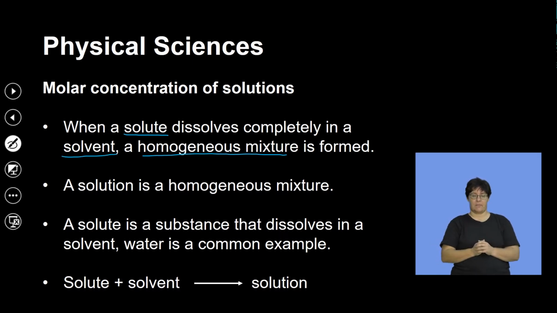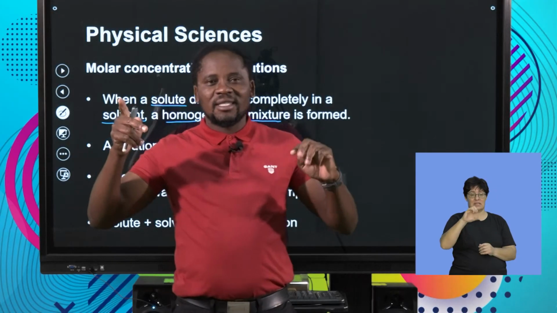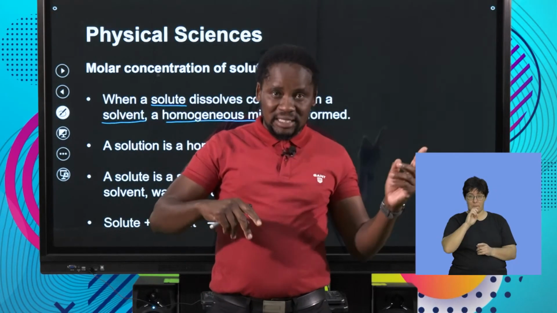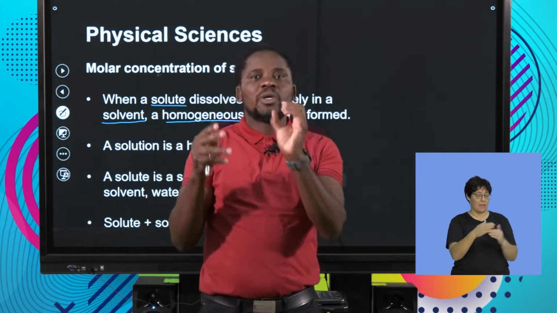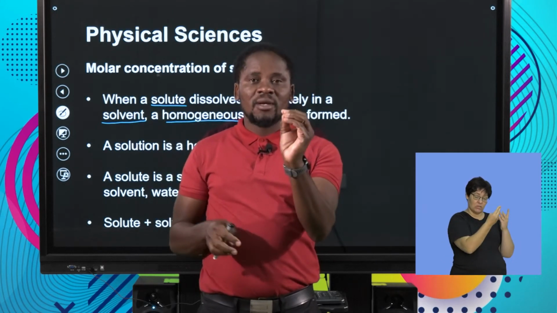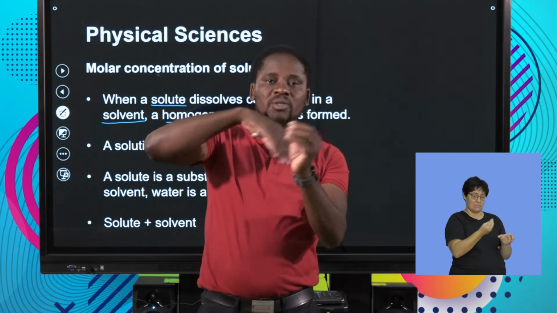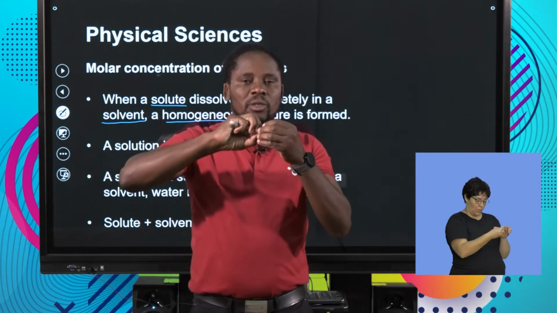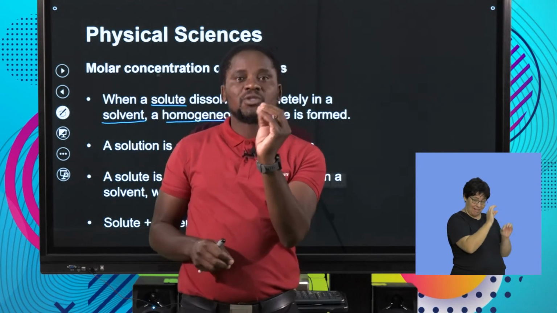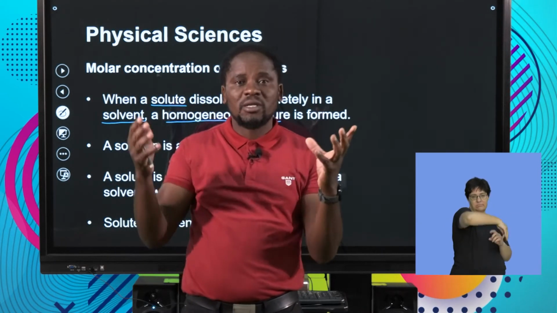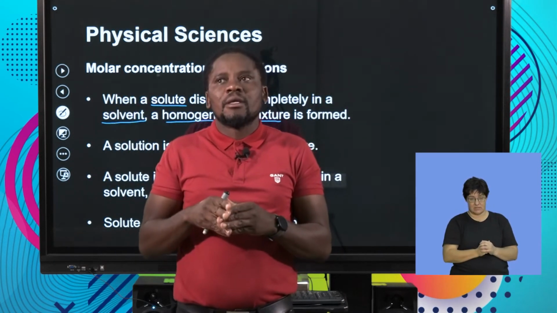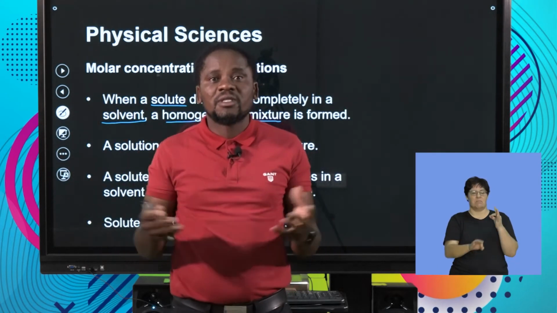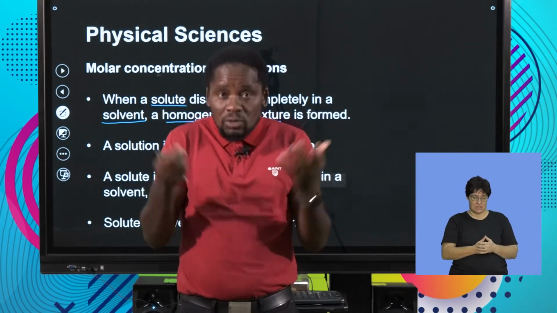Now, the word dissolve does not necessarily mean react. We need to be very careful. When a substance dissolves in water, water is the substance in which this solute is placed, and the particles that make up the solute are surrounded by water molecules. That's the simplest way of describing what dissolving is all about.